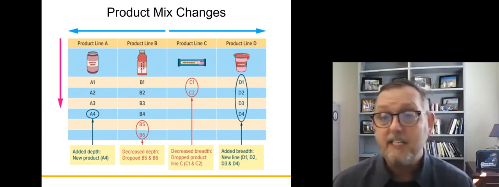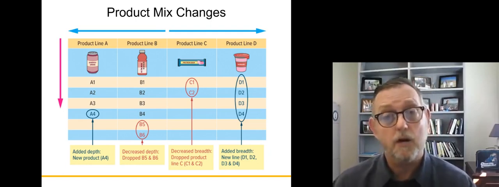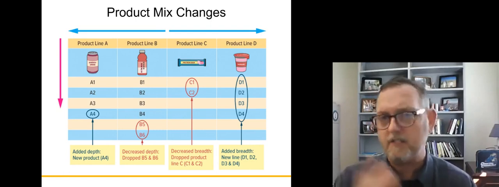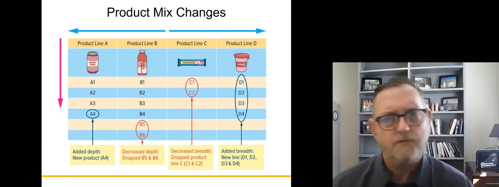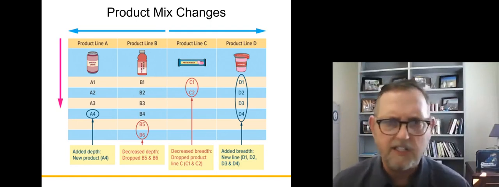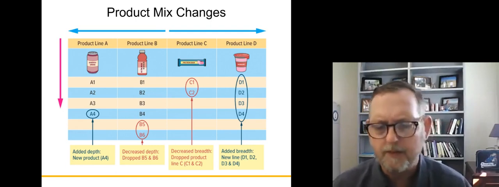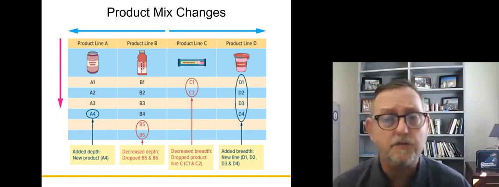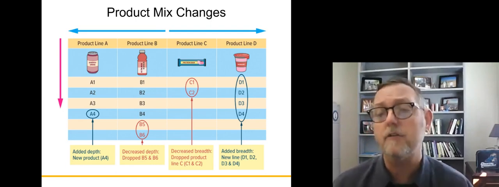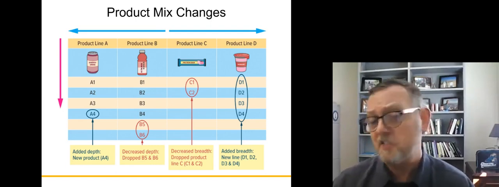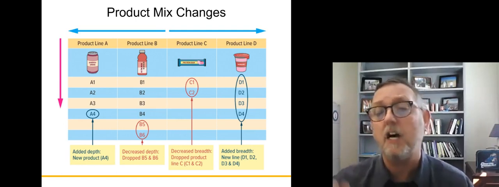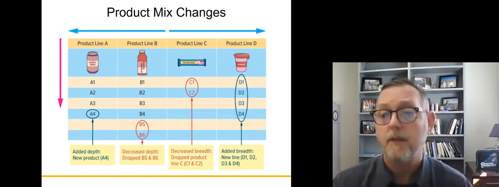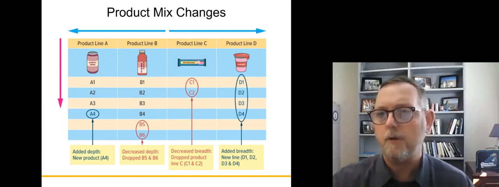Okay. Another, product line C, maybe that's an existing product line. So this is a category that we decide to take out. And this is a protein bar. So this company has lots of different consumer non-durables, packaged goods here. This is food items. They're going to get out of the protein bar space. So they drop that entire line, all those products.